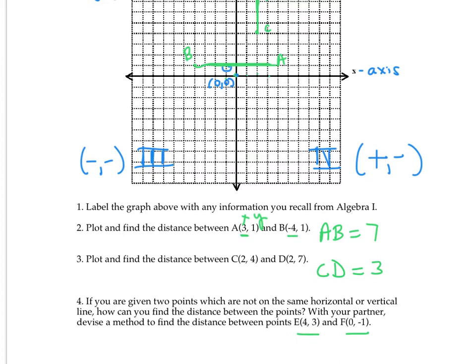Look at the difference between those 2. And in number 3, look at the 2 y values and see what you notice as you compare the x values and the distance between the points. Compare the y values and the distance between those 2 points and see if you can make a connection to what we're taking a look at in number 4.